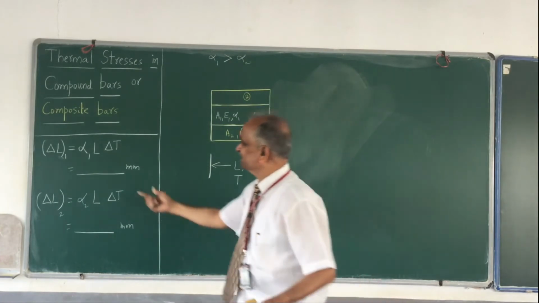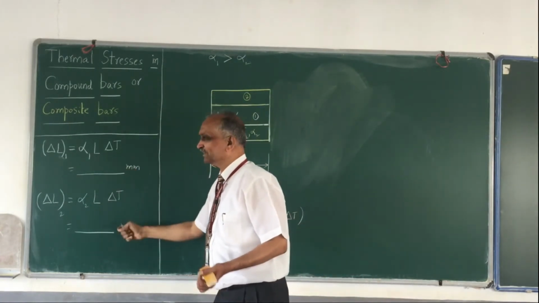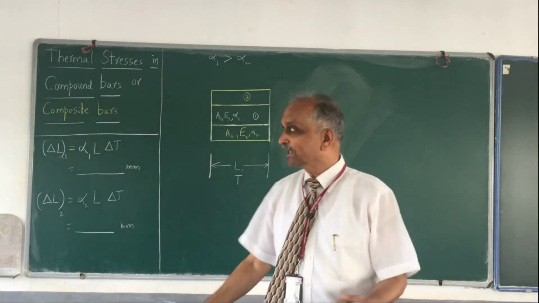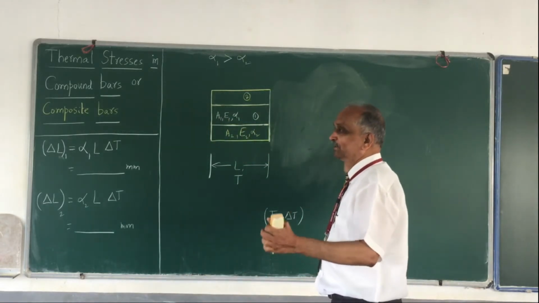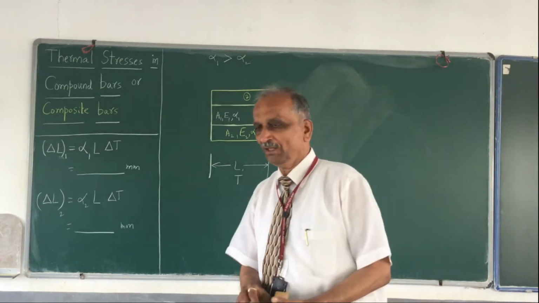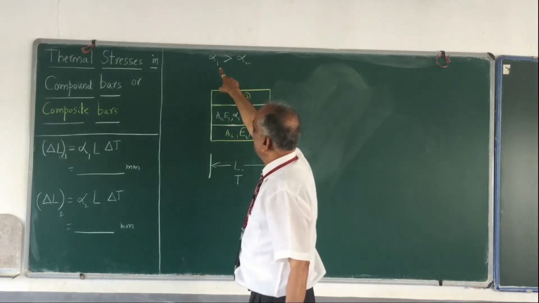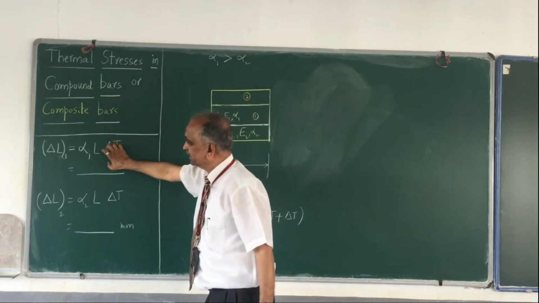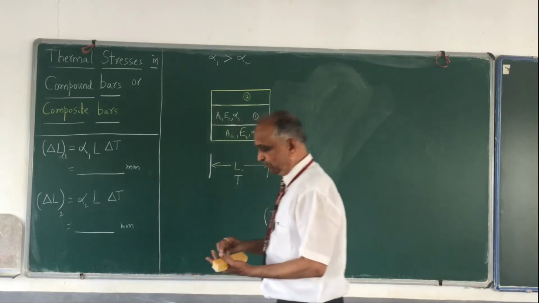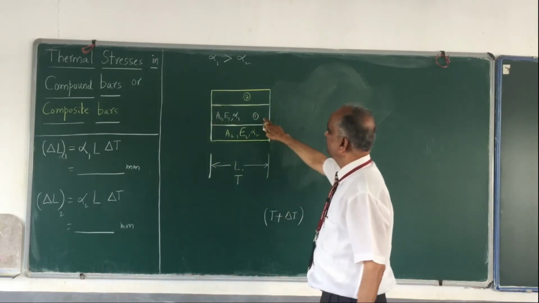But compared to these two values, there is some gap. So for our understanding, I shall show as if that gap is quite large, only for the sake of understanding. You all agree that alpha 1 is more, and therefore delta L of 1 is more than delta L of 2.